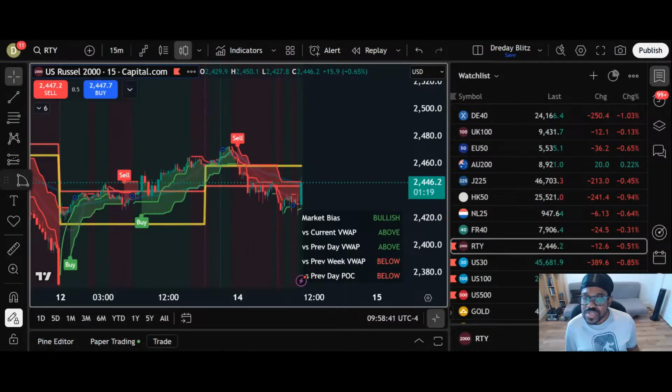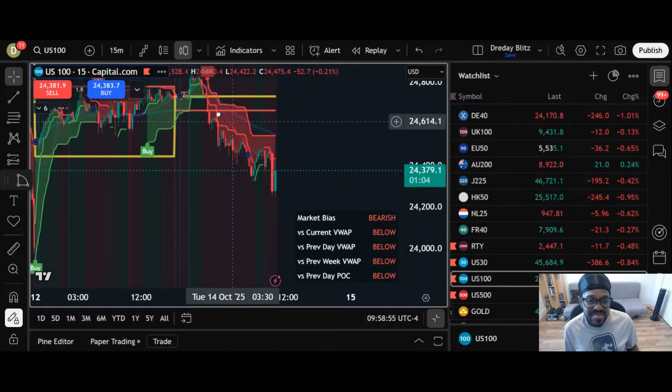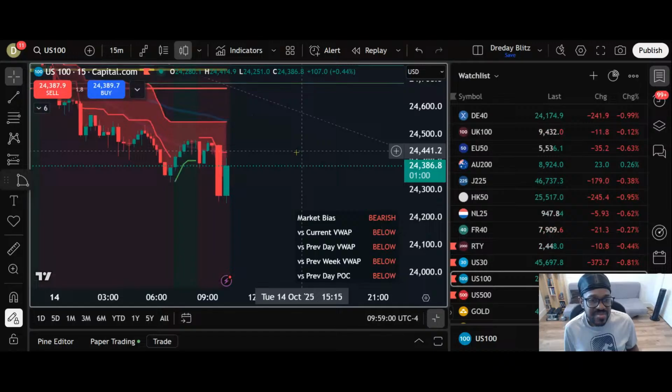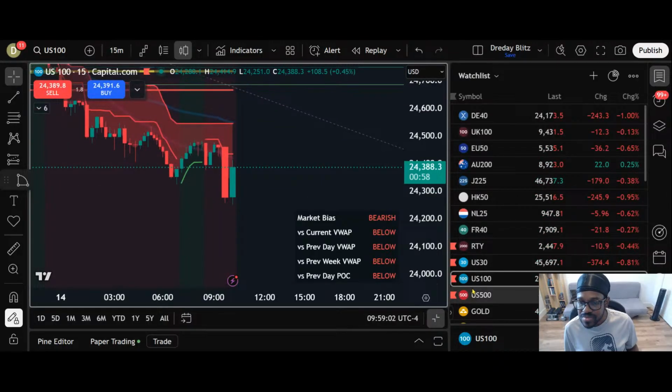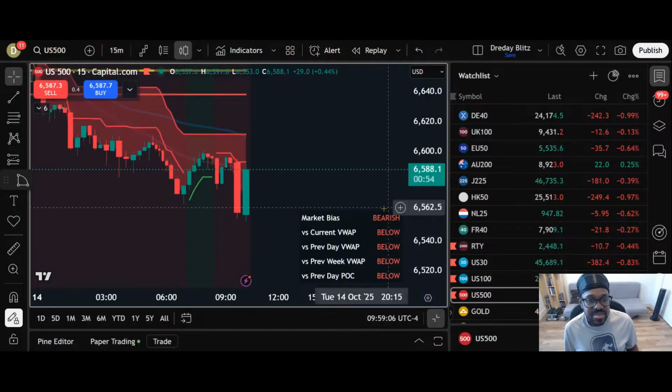But for this session here, you guys had some good setups overall, so pretty happy. So we had a continuation here to the downside. So price is starting to reverse here, even on S&P 500.